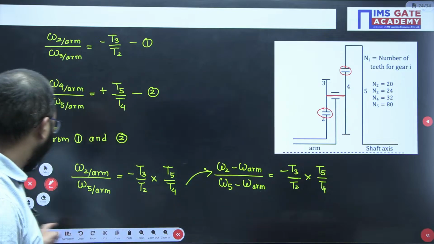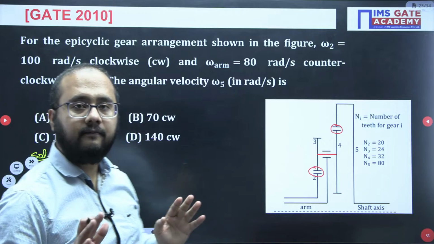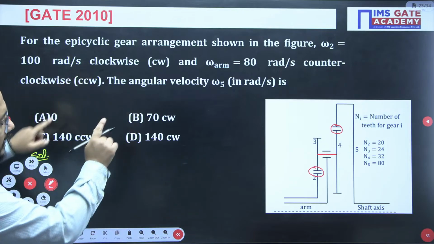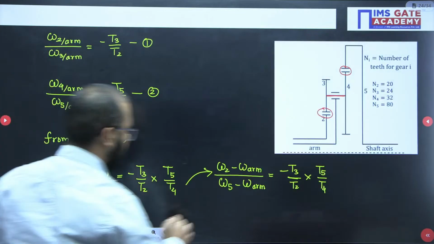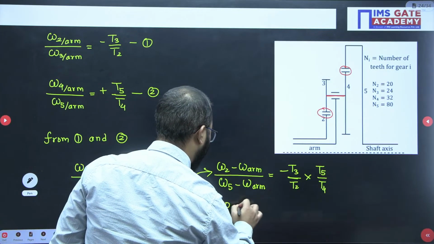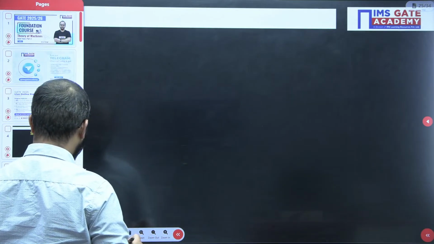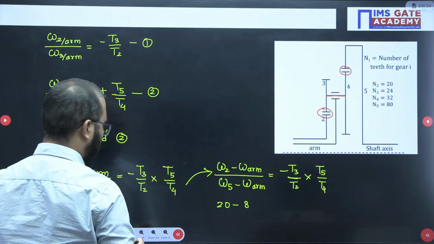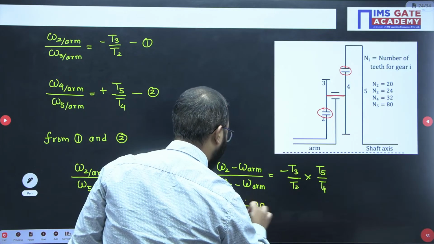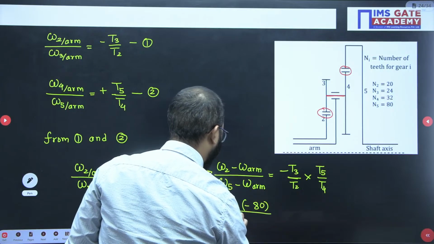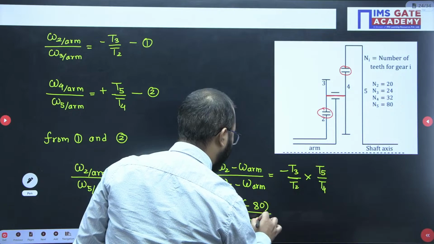Omega 2 they have mentioned as 100 radian per second clockwise. Omega arm is 80 radian per second counterclockwise. So 100 minus 80, but it is counterclockwise, so we will write minus 80, divided by omega 5, which we have to calculate, minus omega arm, which is again minus 80.